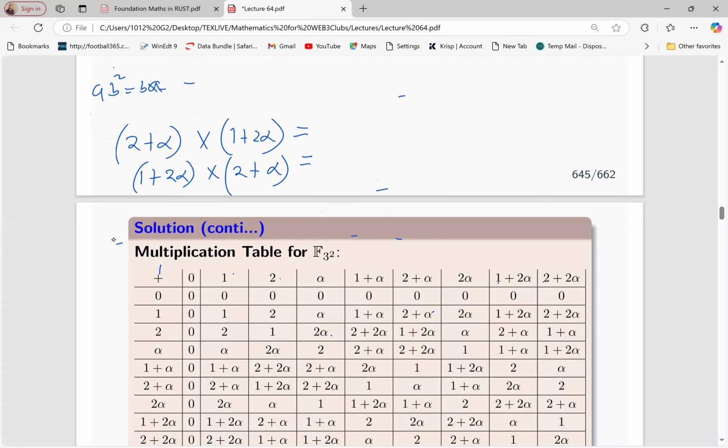And you can see 2 plus alpha multiplied by 1 plus 2 alpha gave us 2 alpha.